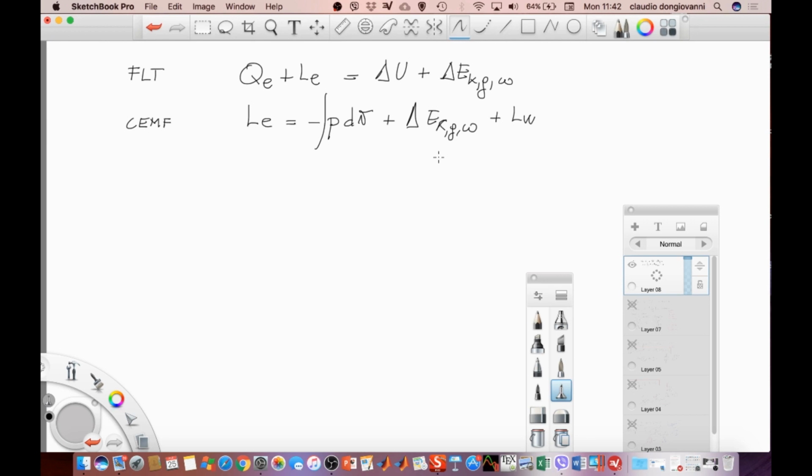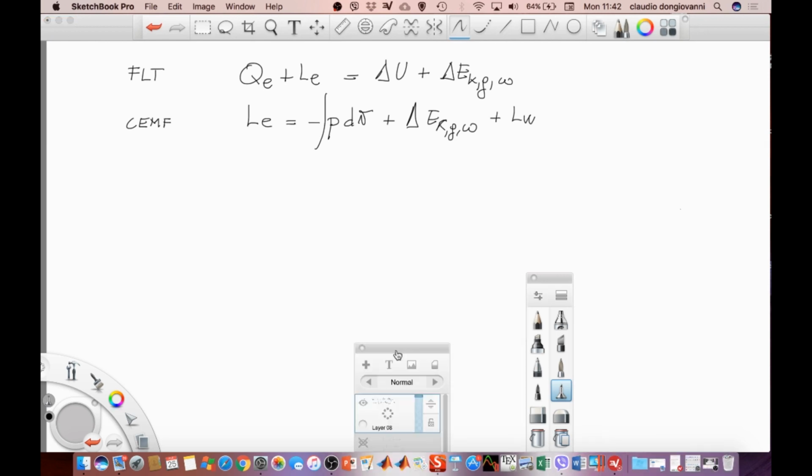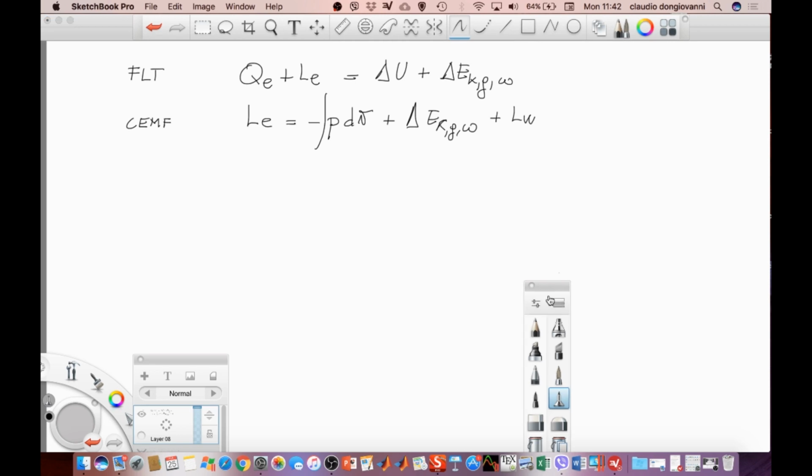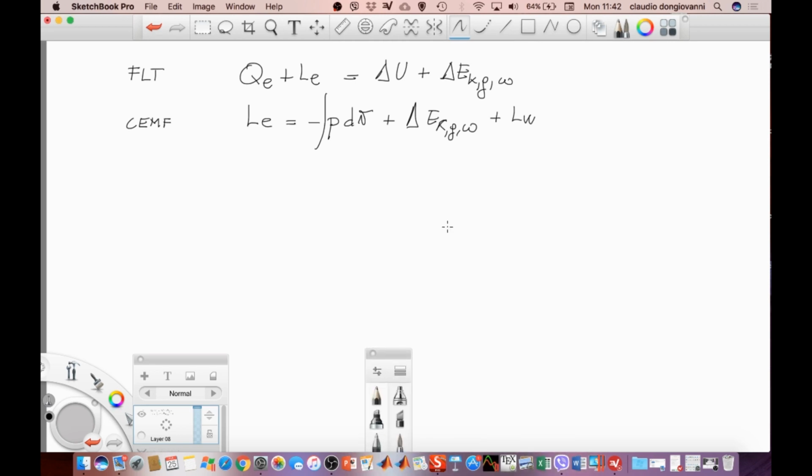They can also be written in the differential form. Do you remember? But it's not so important. By combining these 2, we have another very useful relationship. Take LE, put it in the first one. You obtain QE plus LW.